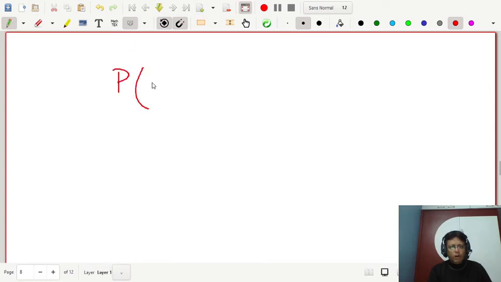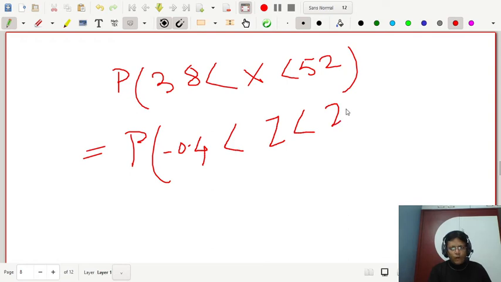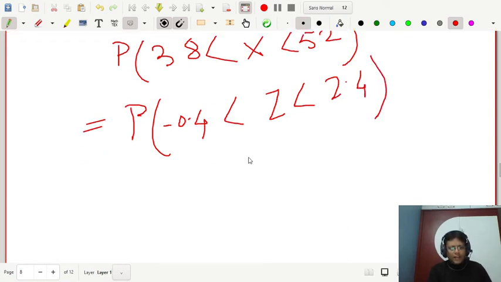So probability of 38 less than x less than 52, right? So if you take again the transformation, 38 minus 40 by 5, so it's minus 0.4 less than z less than 2.4. So that is your value in the standardized value. You have to make it standardized.